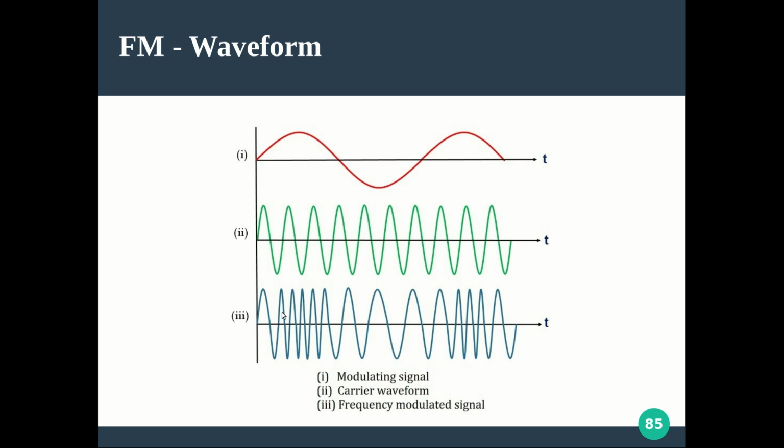So it will do that gradually, and at the peak value it will get the maximum frequency. So you know what frequency is? The time taken to complete a cycle is the period of the signal, and frequency is inversely proportional to that, or the number of cycles per second. So as the time period decreases, when the signal is getting very dense like this, the frequency is actually increasing.